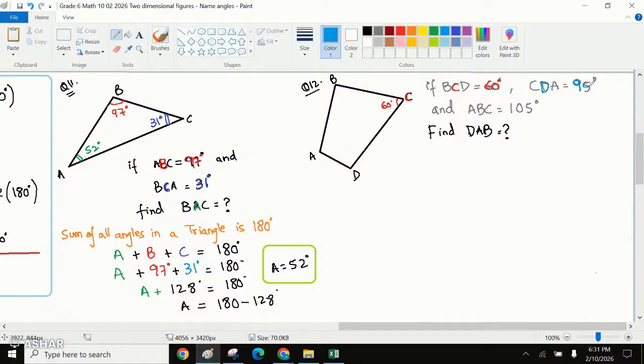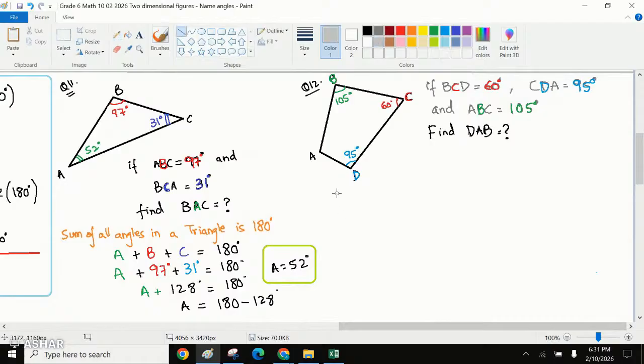CDA, 95. Then we have ABC. That was 105, right? So ABC, this was 105, and we needed to find the angle A. So how can we find the angle A?